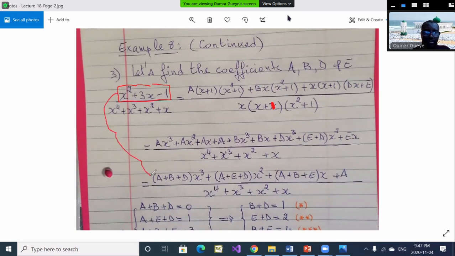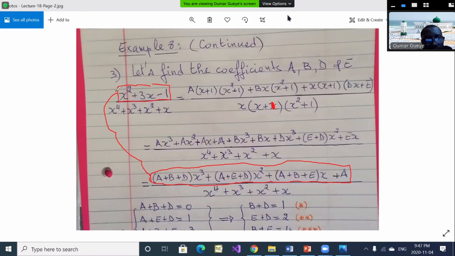This numerator is equal to this numerator, because the denominators are the same. So you compare the numerators because you have the same denominators. Now, the numerator from the left does not contain any x cubed.